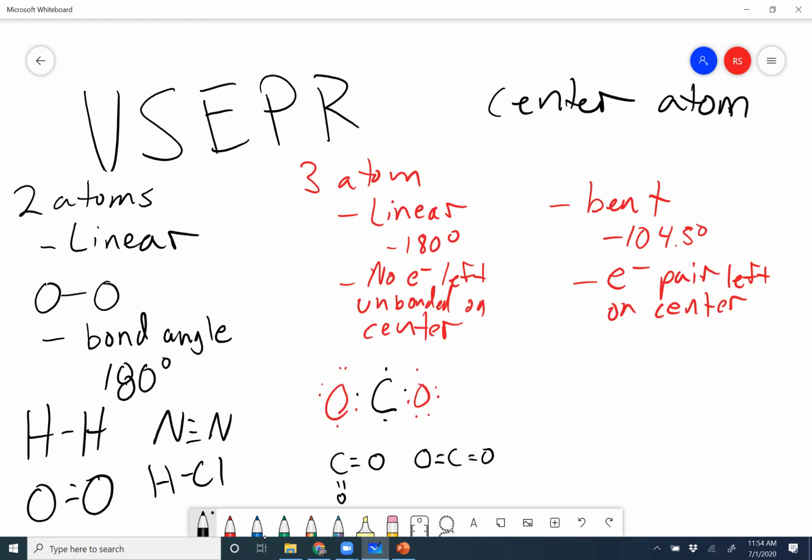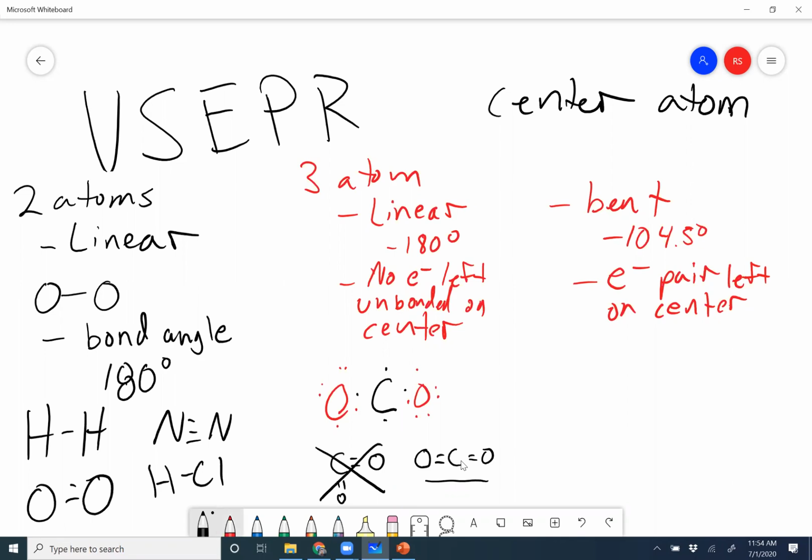So which one's right? And the answer is this one, right here. Why? Because there aren't any valence shell electron pairs on the central atom left to do any repulsion. So the best way for these electrons to get away from each other is to go on opposite sides of the center atom.